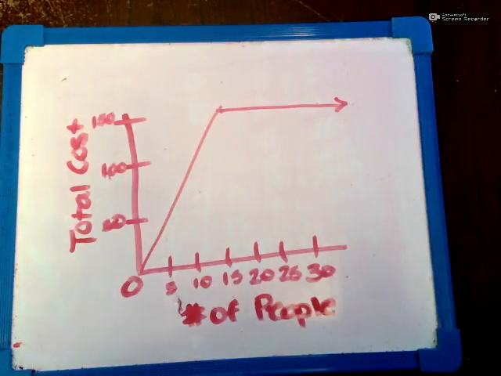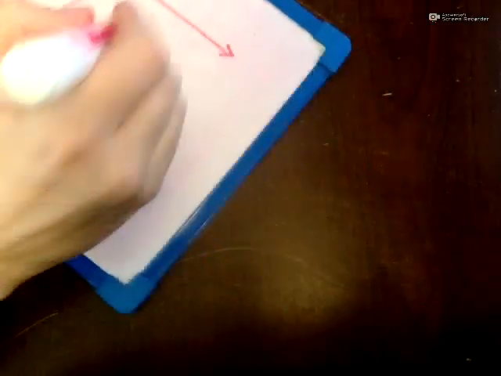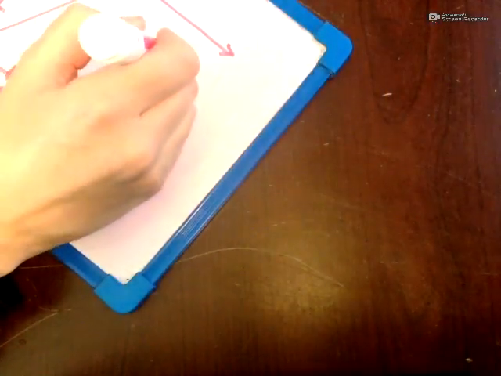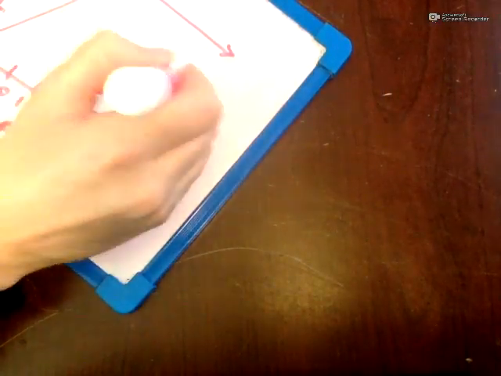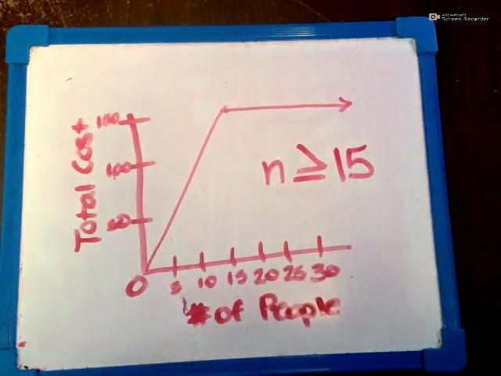So the interval is when x is greater than or equal to 15. The cost is 150. They wanted you to use n, so it would be written n is greater than or equal to 15. Then the cost is $150.